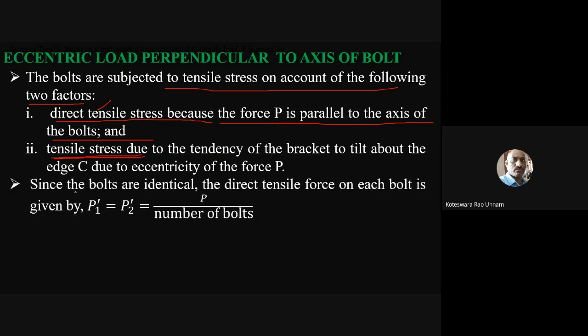Since our assumption is that all bolts are identical, the size of the bolts is the same. The total force, whatever it may be, the direct force is equally shared by all the bolts. So here P1 dash and P2 dash are nothing but the direct tensile load on each bolt. P1 dash is the tensile load on the first set of bolts.